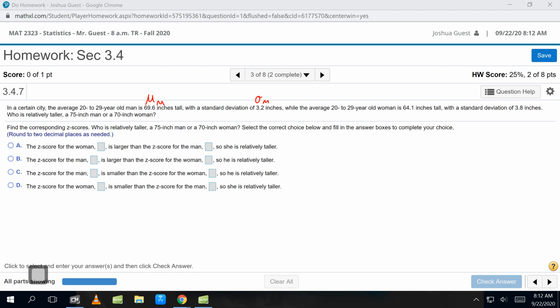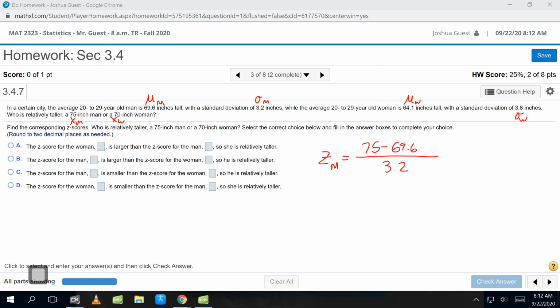Maybe that should be S or whatever. Then this is the mu for the women, and this is the standard deviation for the women. So this is the X for the men, and this is the X for the women. So the z-score for the men is going to be the X minus the mean, so 75 minus the mean, 69.6, divided by what? The standard deviation, which is 3.2.